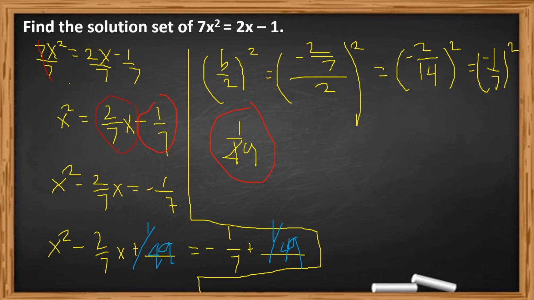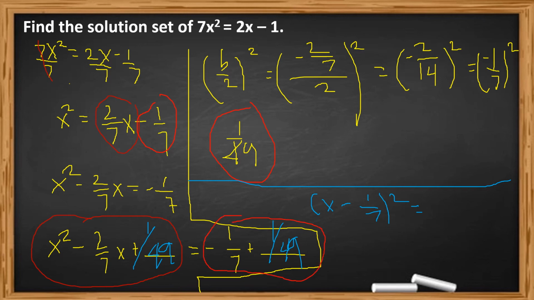Now, since we have completed this perfect square trinomial, we are now free to express it into square of binomial, which is, magiging ano siya, x, and syempre minus, dahil minus yung middle term sa panggagalingan niyang perfect square trinomial, 1 over 7 quantity squared equals, dito naman sa kanan, we cannot immediately add the numerators because they have different denominators.